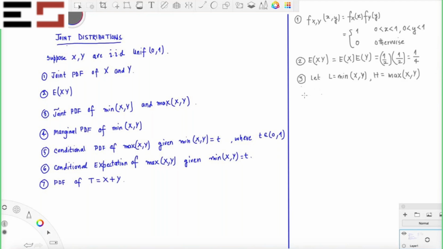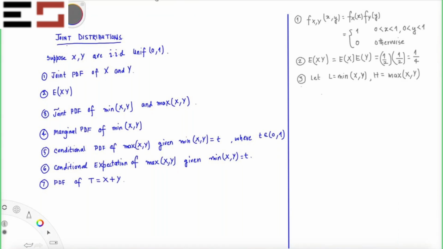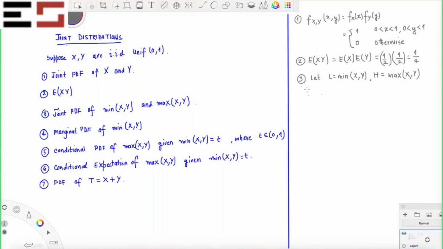The first thing to note here is that both L and H take values between 0 and 1. And another thing is that L always takes a value smaller than H. So the joint density will be positive over these values of L and H. Okay, so this is the support of L and H.